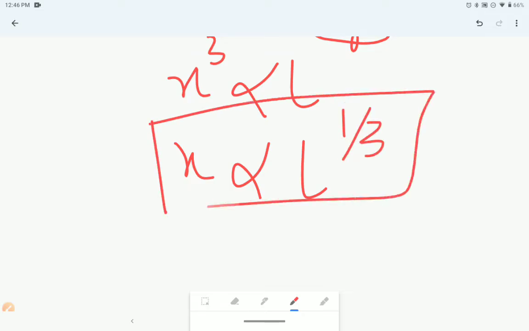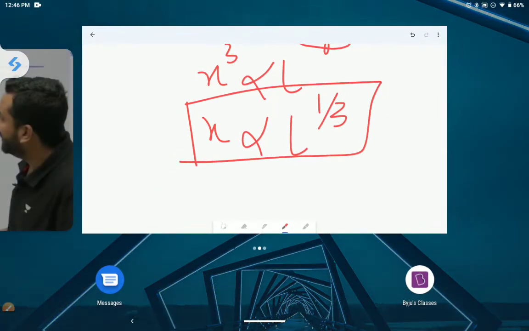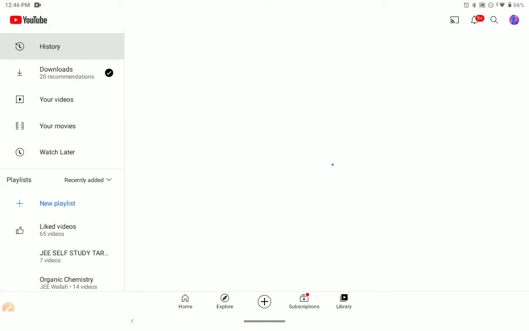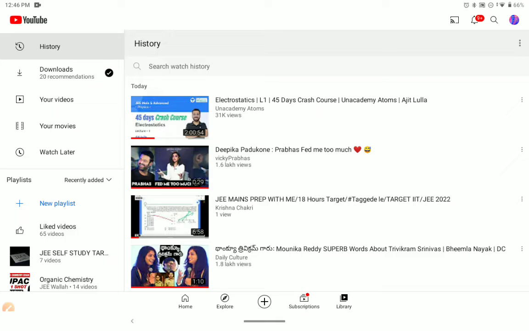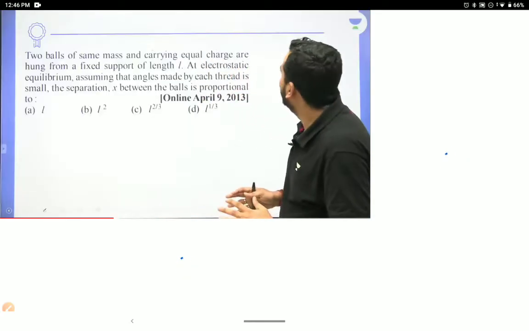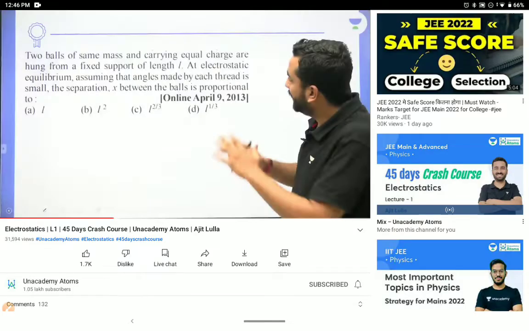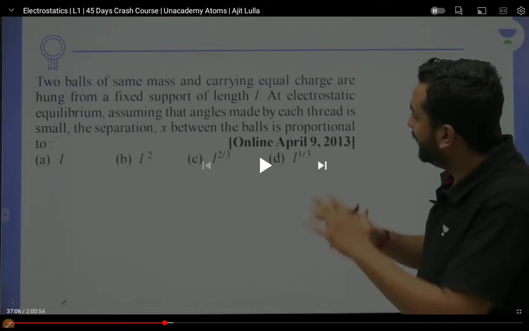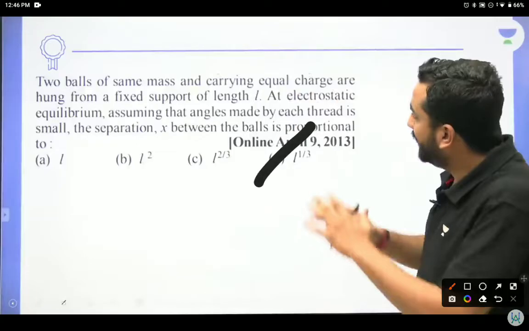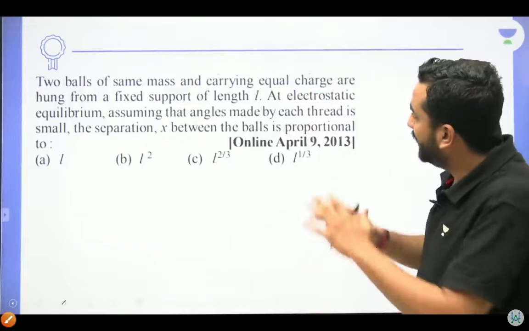So this is the correct answer, L power 1 by 3. That's all about the question.